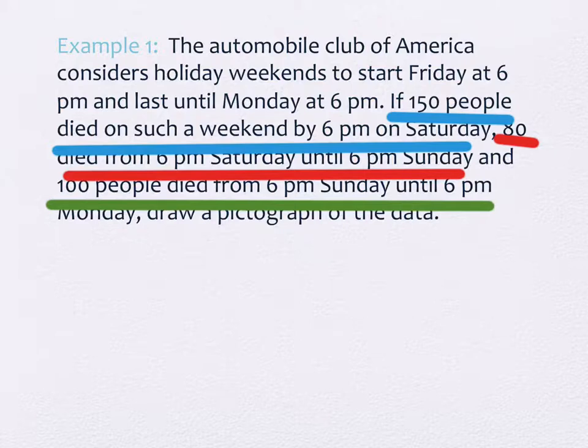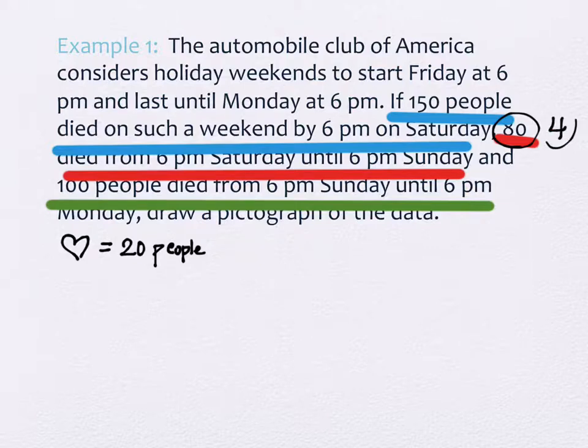So we have a couple of choices, and I'd like to show you one way to do it, just so that you can see what happens if you use an object that isn't able to be drawn a whole number of times. The object we're going to use is a heart, and our heart is going to represent 20 people. So if I'm representing the 80 people right here, and a heart represents 20 people, how many hearts am I going to have to represent the 80 people?